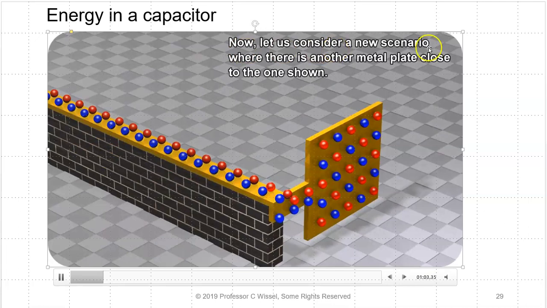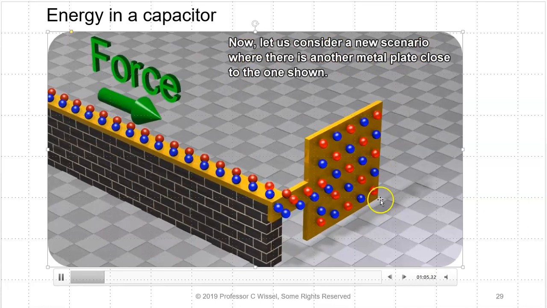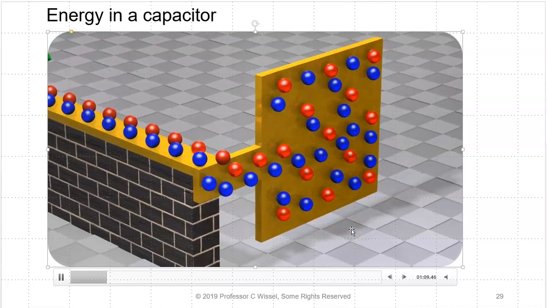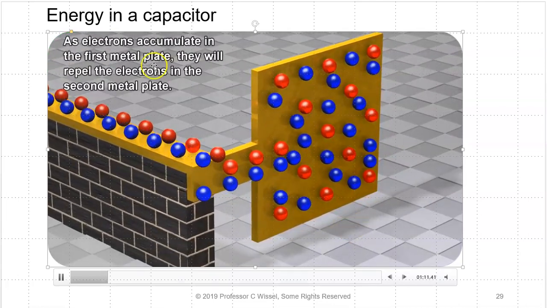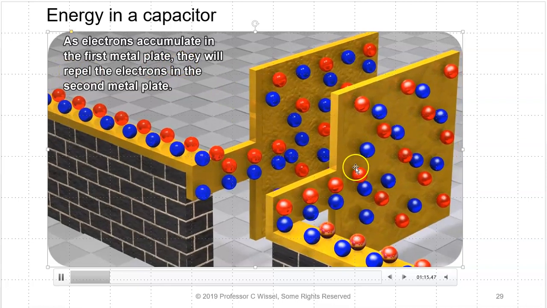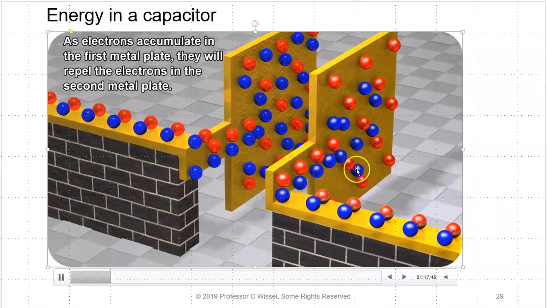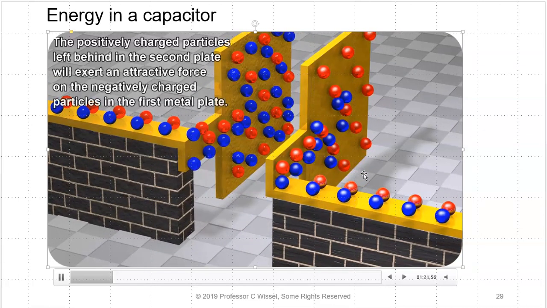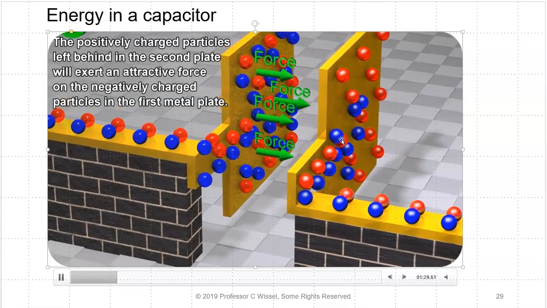Now let us consider a new scenario where there's another metal plate close to the one that's shown. We'll show that in a minute. As electrons accumulate in the first metal plate, they will repel the electrons in the second metal plate. The positively charged particles left behind in the second plate will exert an attractive force on the negatively charged particles in the first metal plate.